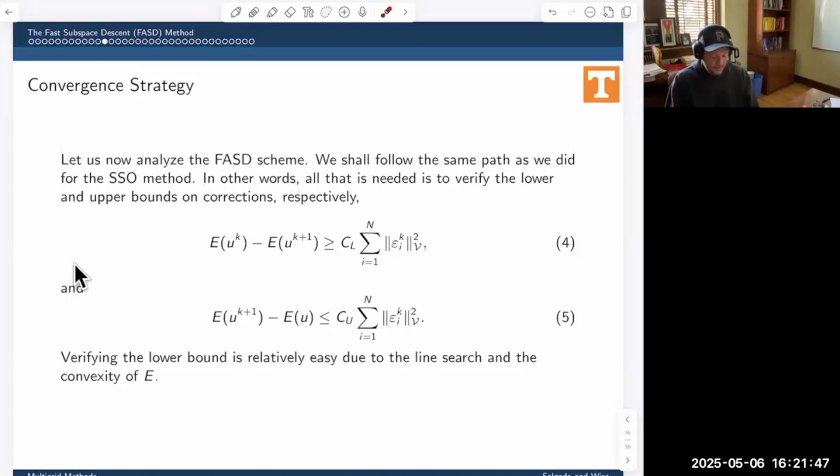So if we can establish a bound like 4 and a bound like 5, then we have a little technical lemma, which I call the golden key. You just turn the golden key and immediately you get the convergence of the method. No matter what the method looks like, if it involves something like this and with corrections, etc., and of course, FASD and SSO do, they're methods involving these corrections in these very simple ways, then I turn the golden key, I get the convergence of the method that I want. So the strategy is to find the CL and the CU.